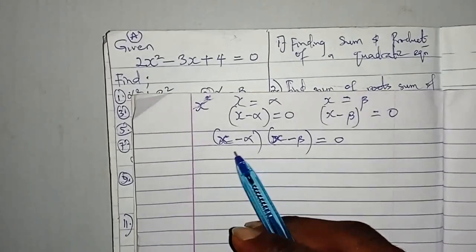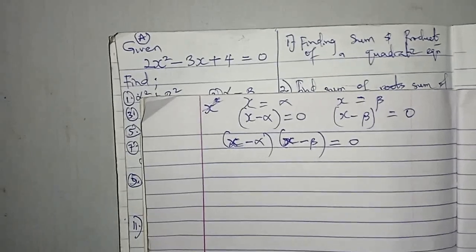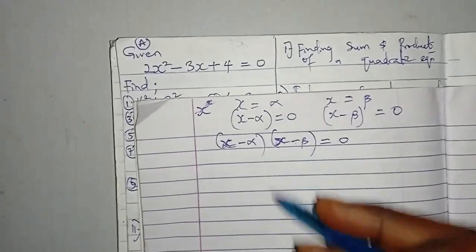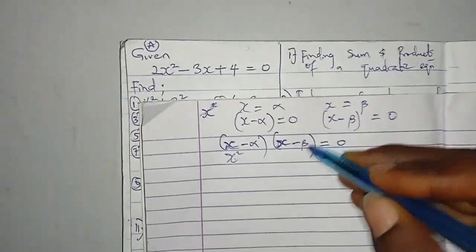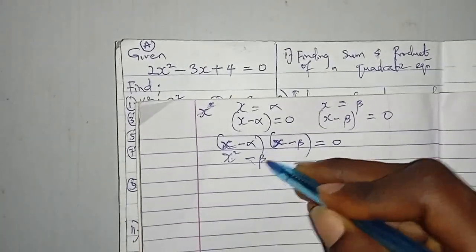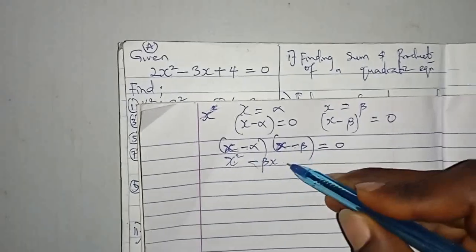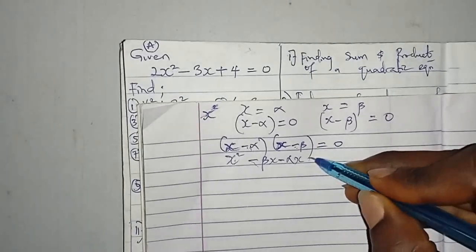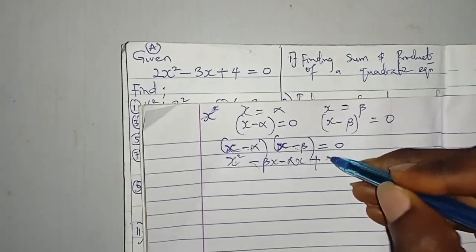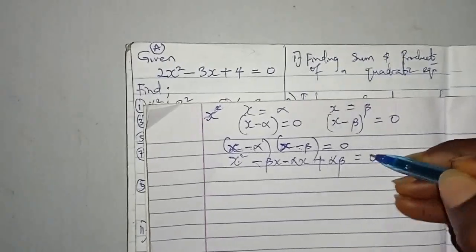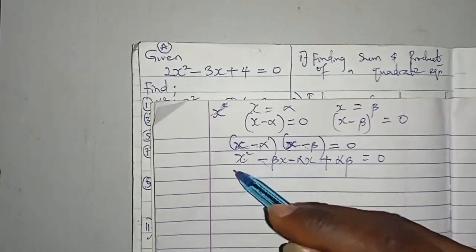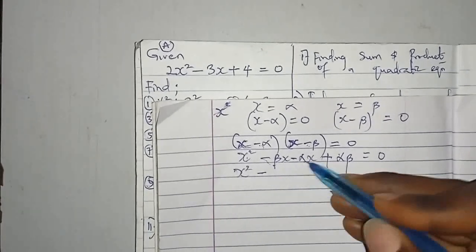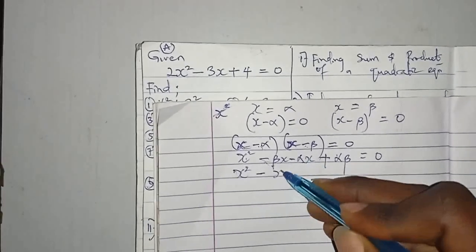By the time we expand this, we can use it to compare with the standard form of a quadratic equation. So x times x is x squared, x times minus beta is minus beta x, minus alpha times x is minus alpha x, minus alpha times minus beta is plus alpha beta, all equals 0. So notice that here is x squared minus, I can factor these two out. What is common here is x.